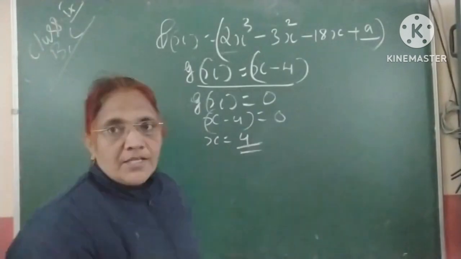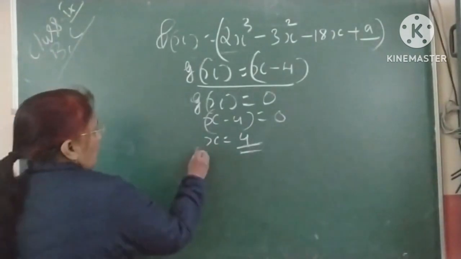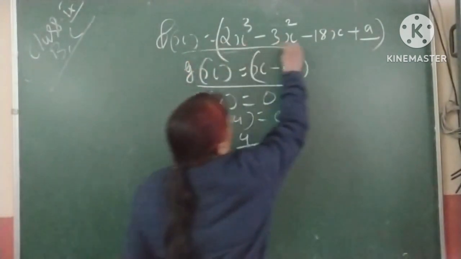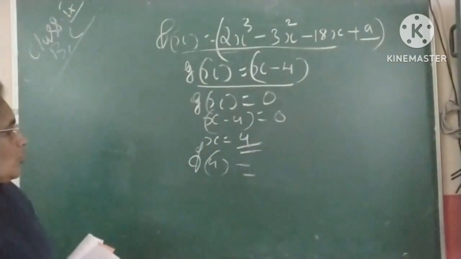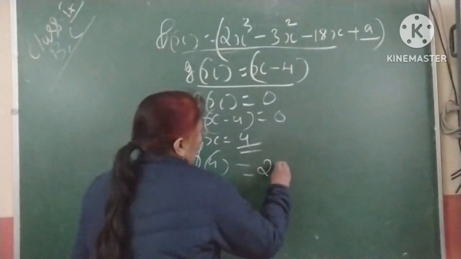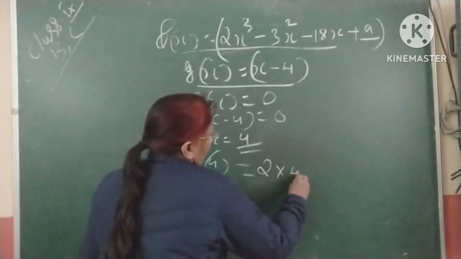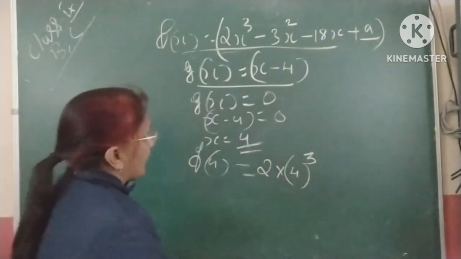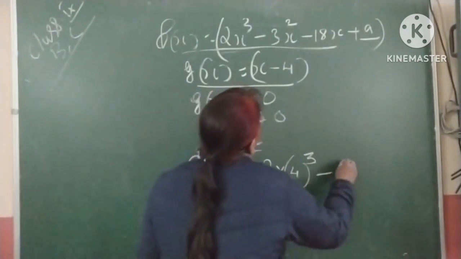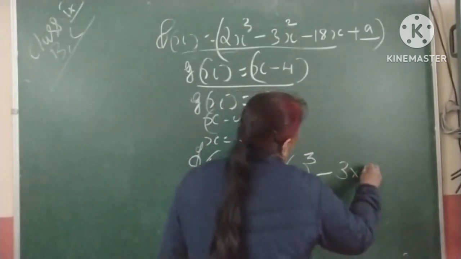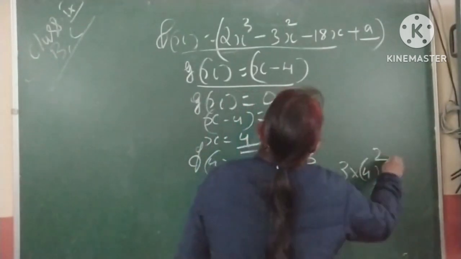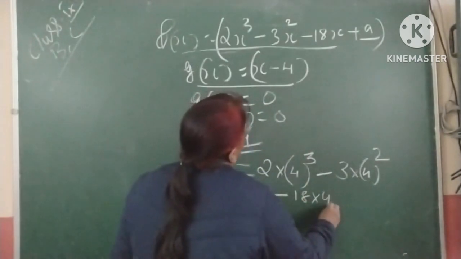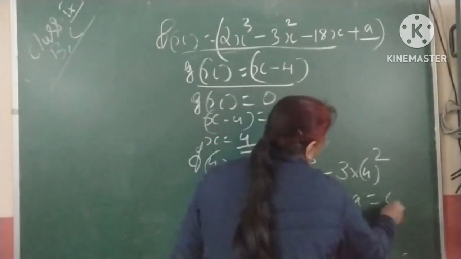Then f of 4, in this given polynomial, f of 4 equal to 2 into 4 to the power 3 minus 3 into 4 square minus 18 into 4 plus a equal to 0.